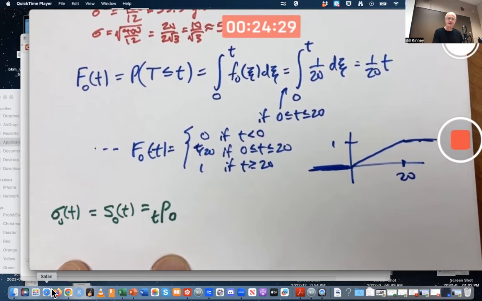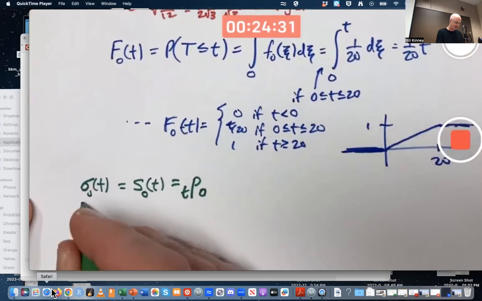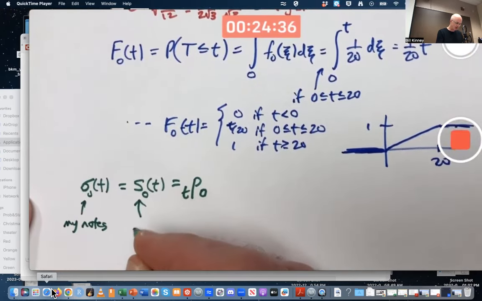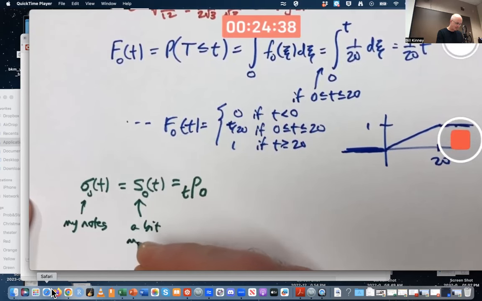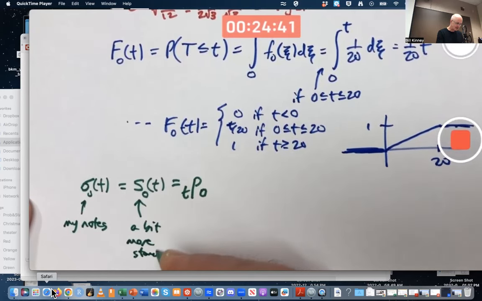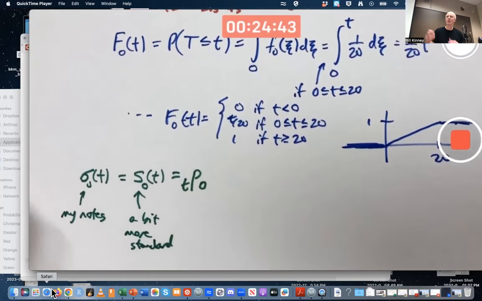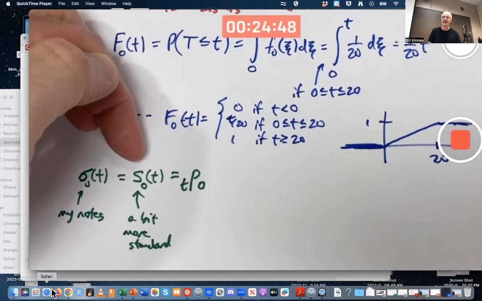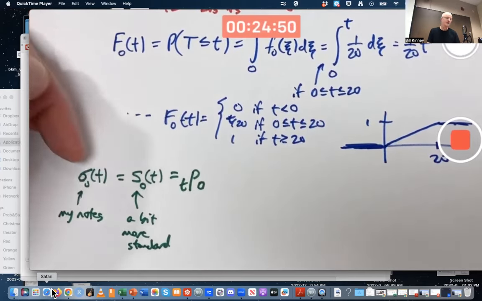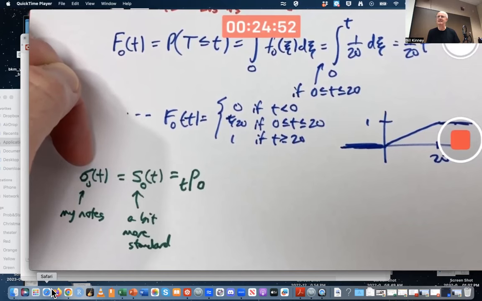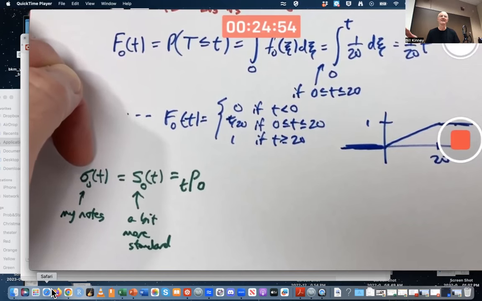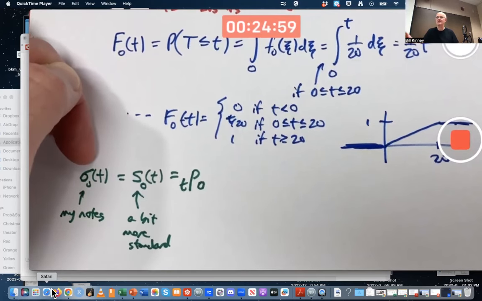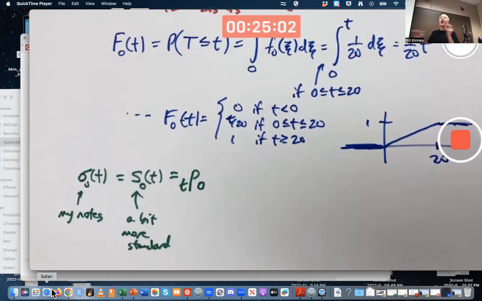And so we have these zeros here. This is my notes. This is a bit more standard for a survival function. Notice the word survival starts with an S. That's why this is an S. Oh, the Greek letter sigma starts with an S when you write it in English. But it is confusing because shouldn't sigma be a standard deviation? No, it's not.